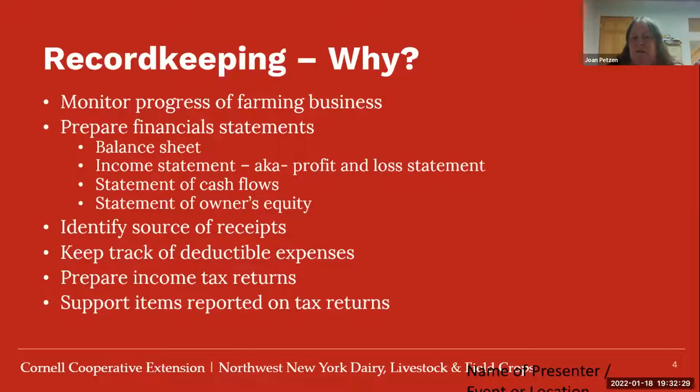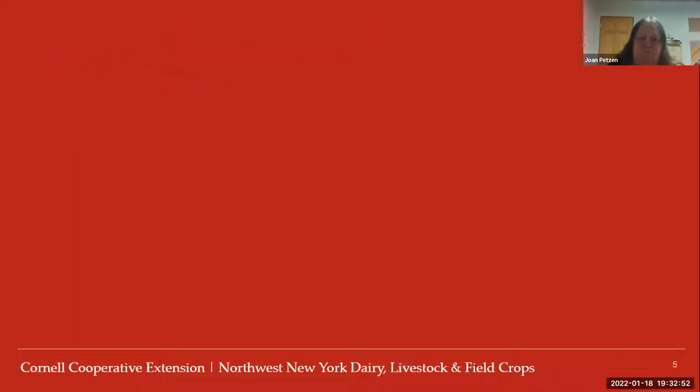You also need to be able to identify the sources of your receipts, and you need to keep track of deductible expenses. And as we're talking about tonight, preparation of your income tax return, and supporting the items that you report on your tax returns are some of the key reasons that we keep farm business records.